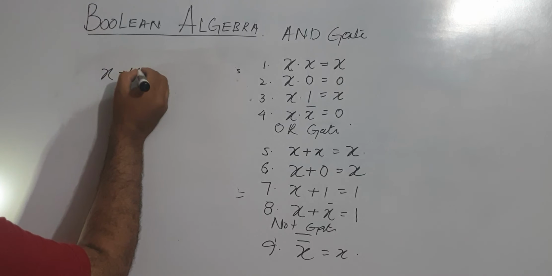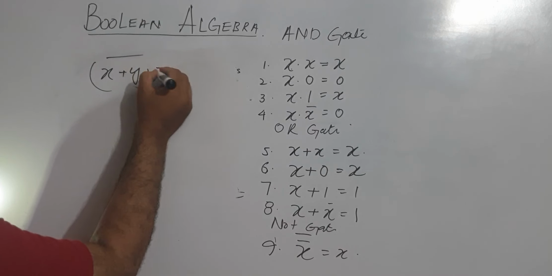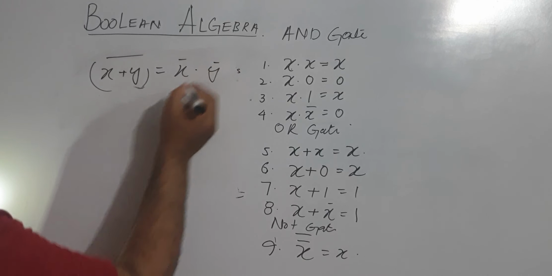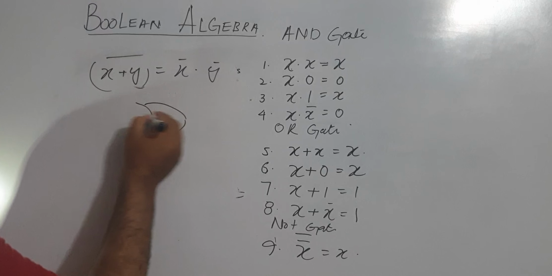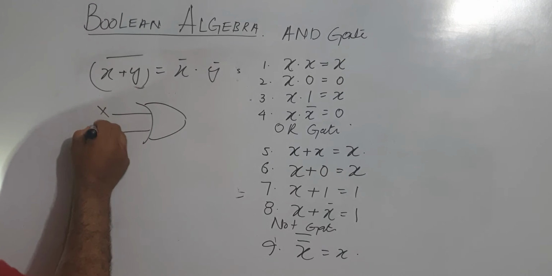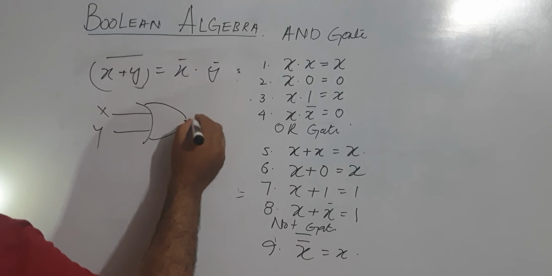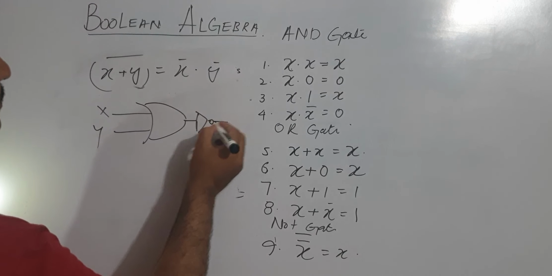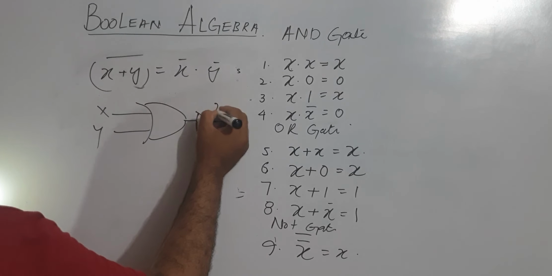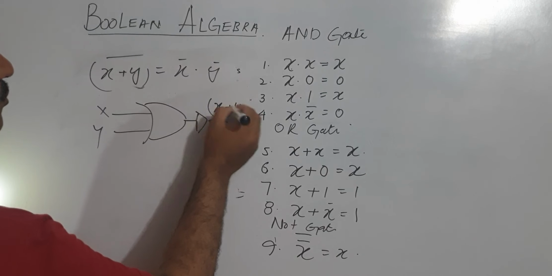It means that if we have an OR gate with two inputs x and y, and we connect a NOT gate at the output of the OR gate, we get (x or y) whole complement.